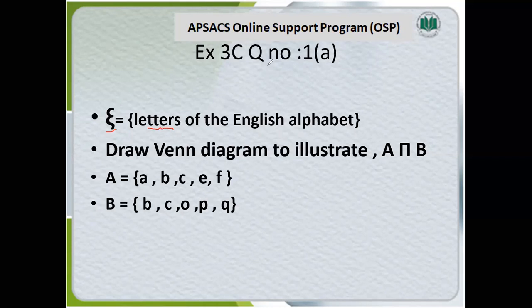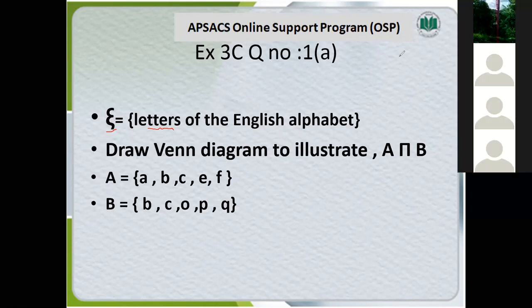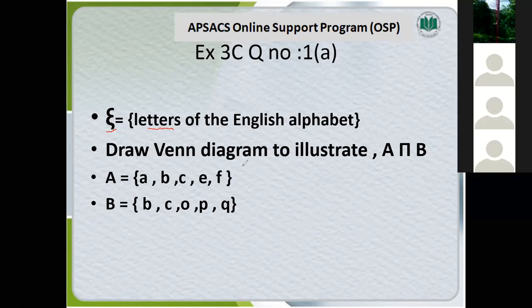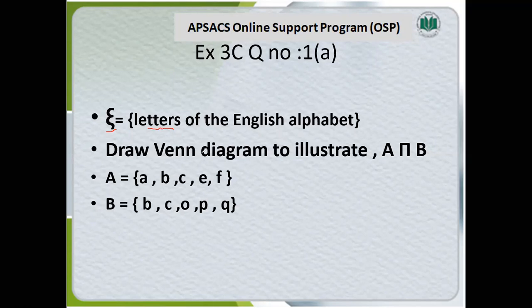This is good. But there is no need to write the question. There is a need to understand the question. Now, is the universal set clear to all of you? Yes, ma'am. Well done. Okay, they are saying draw a Venn diagram, and all of you know. I also ask in your mental maths, whenever you draw a Venn diagram, which shape do you use to represent the universal set?